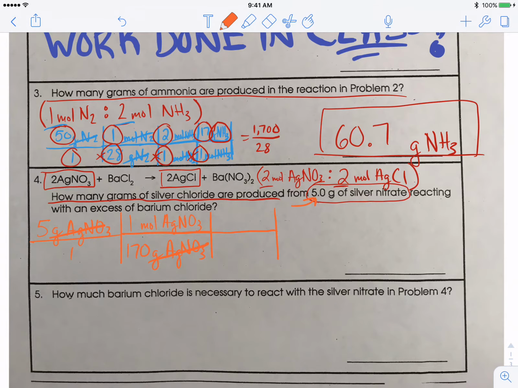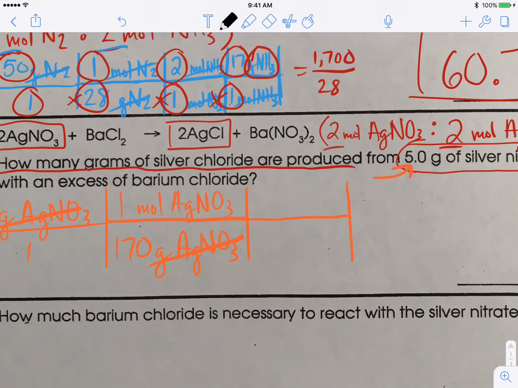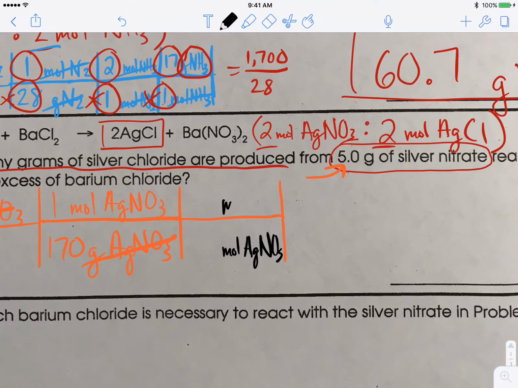So in this third step, I'll switch colors, this one's kind of bright. We are going to compare moles. So moles of silver nitrate are going to be converted to moles of silver chloride. And we use the numbers that are in our ratio. So it's a 2 to 2 ratio. Now we can cancel these out.